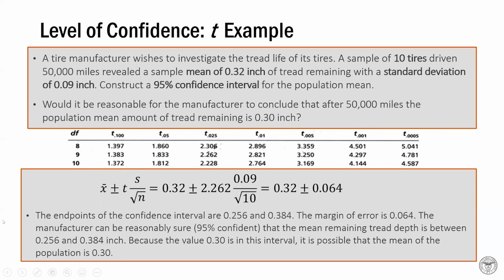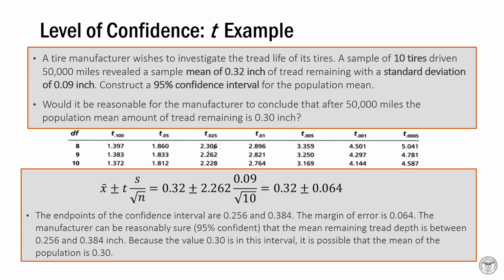Our first task is to construct a 95% confidence interval for the population mean. The second task is to answer the following question. Will it be reasonable for the manufacturer to conclude that after 50,000 miles, the population mean amount of the tread remaining is 0.30 inch?